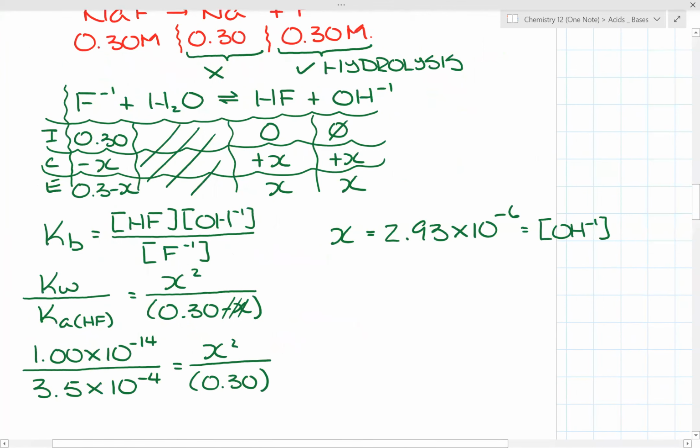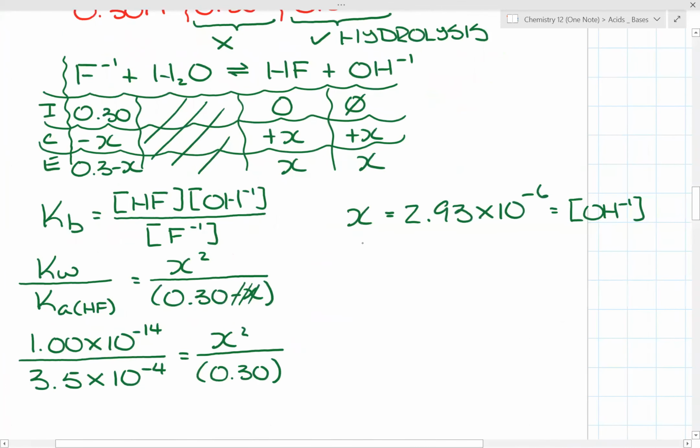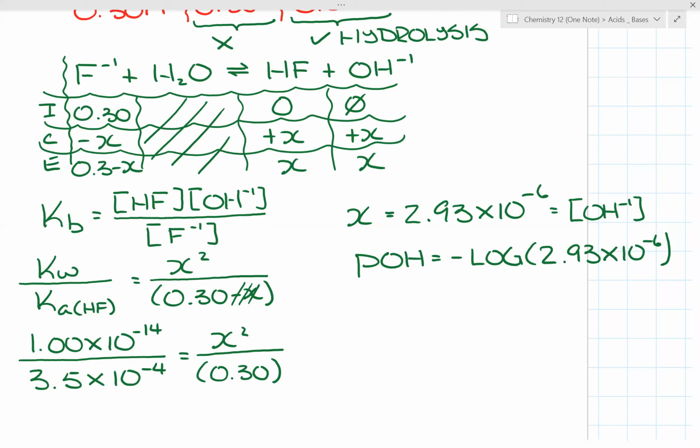So then what do you do afterwards? Well, you could take the pOH is equal to negative log of 2.93 times 10 to the negative 6. Let's see. Negative log of 2.93 e negative 6.